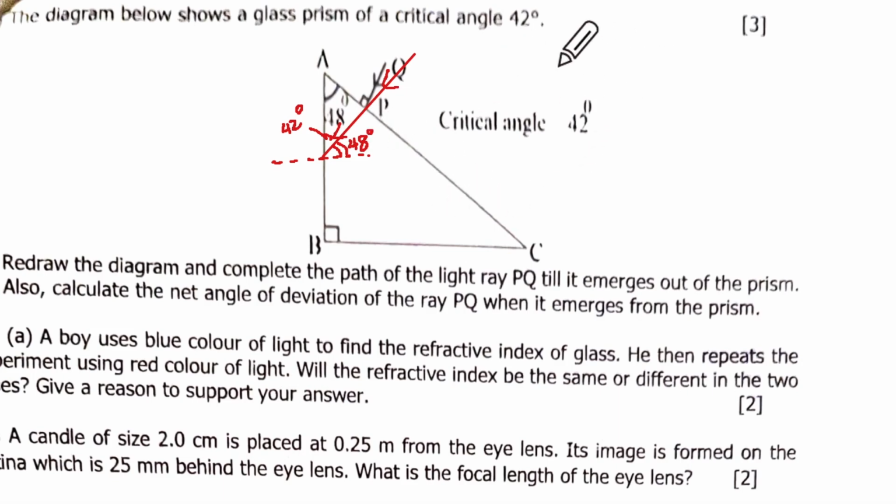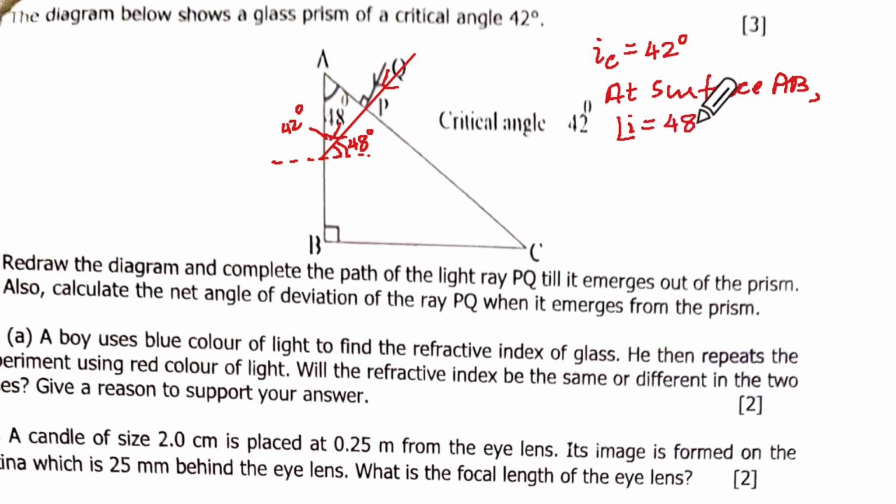Now write wherever there is space here: critical angle is equal to 42 degrees, they have mentioned. And then you will say at surface AB, angle i equal to how much? 48 degrees, which is greater than 42 degrees.